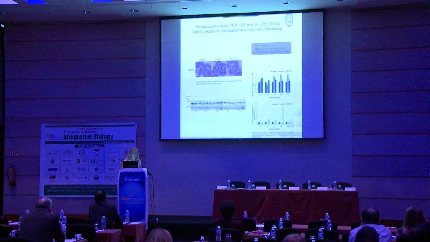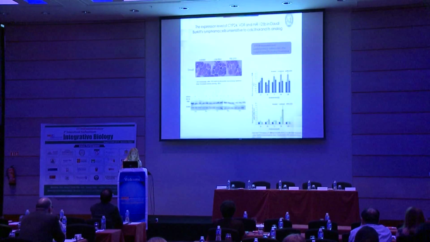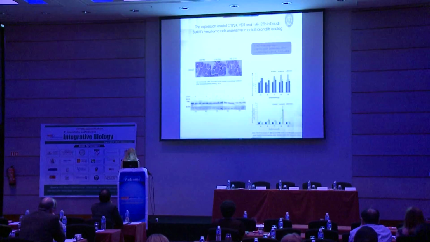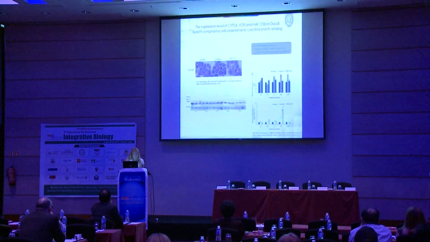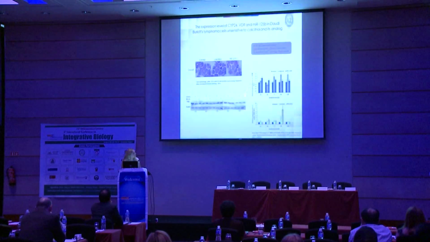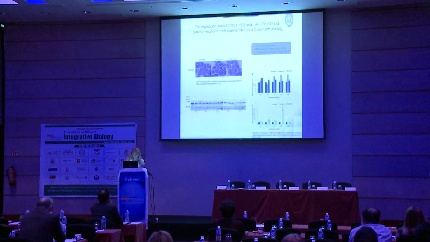In the case of the lymphoma insensitive cells, we didn't observe the expression of CYP24. Also, the morphology of these cells was unchanged, and we didn't observe any relation with VDR mRNA and protein level, which was stable.